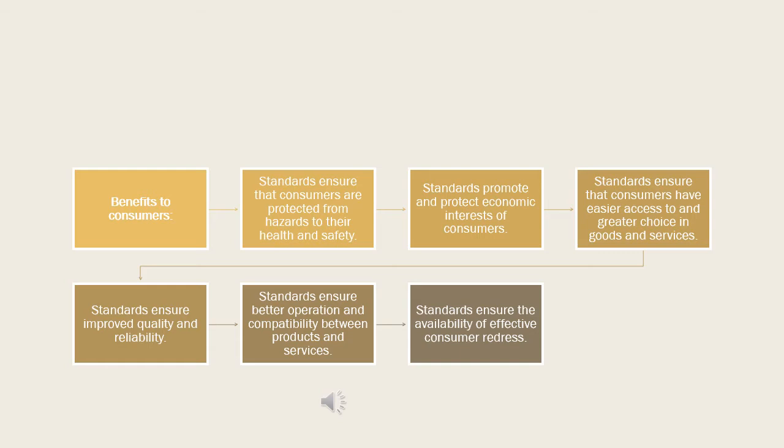Products made for low-income earners or for high-income earners should be clearly identified by standards. To add on, standards ensure that consumers have easy access to and greater choice in goods and services. So when standards are made, the ability of individuals to select from among many should be taken into consideration.